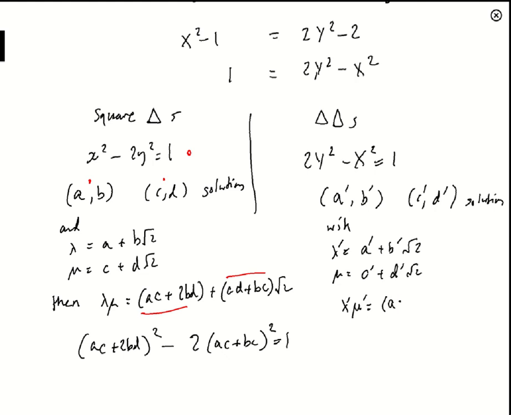So it's AC plus 2BD, same thing but with primes. I've lost an A. Where's my A gone? Oh, it was there, wasn't it? A D prime plus B prime C prime root 2.